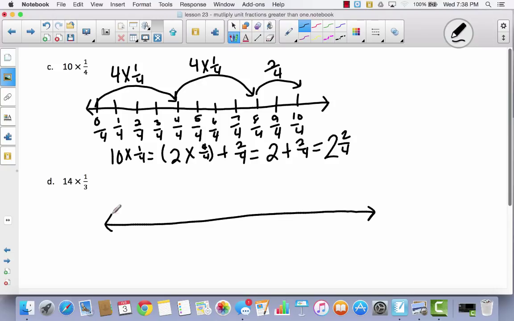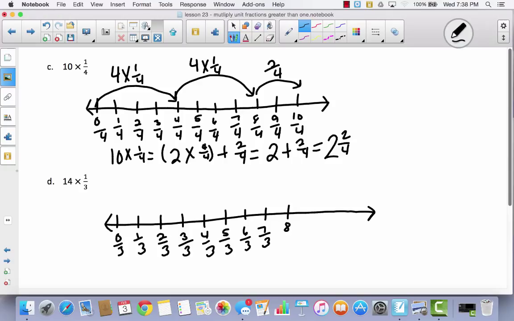Okay, let's try 14 times 1/3. All right, so I'm going to do 1/3 14 times. So I've got 0 thirds, 1/3, 2 thirds, 3 thirds, 4 thirds, 5 thirds, 6 thirds, 7 thirds, 8 thirds, 9 thirds, 10 thirds, 11 thirds, and I'm going to have to extend my number line here because I made it too short.